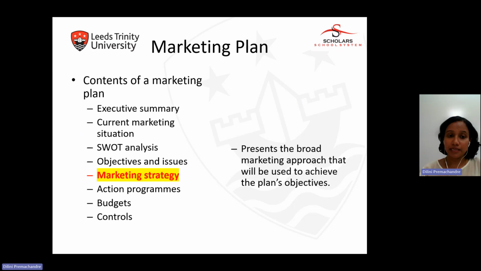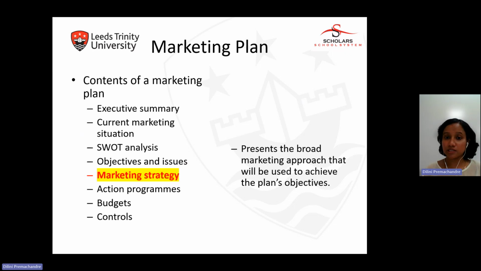So you will be explaining the product strategy, and then the pricing strategy. How do you determine the price? What is the pricing policy? Is it penetration pricing or premium pricing? Or is it based on competition? You need to explain that.